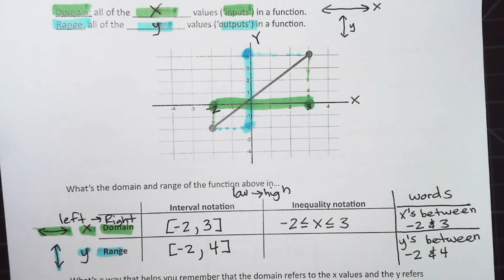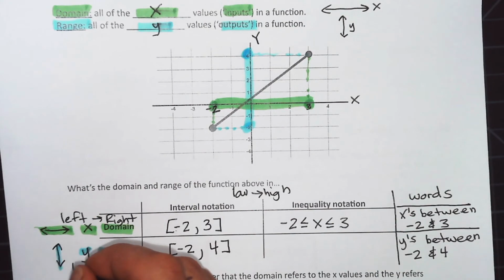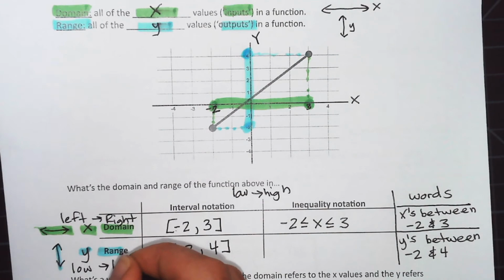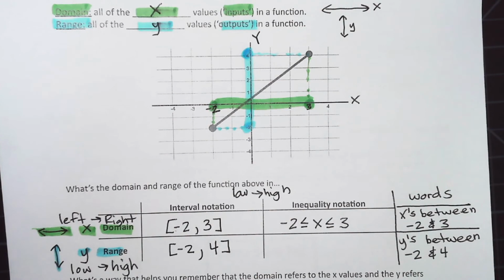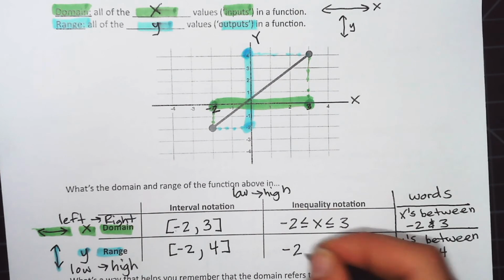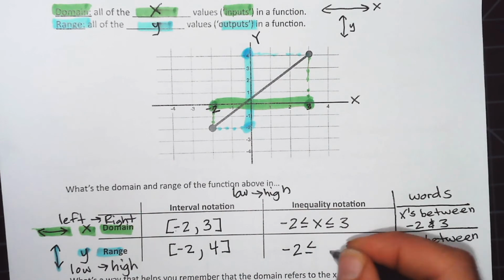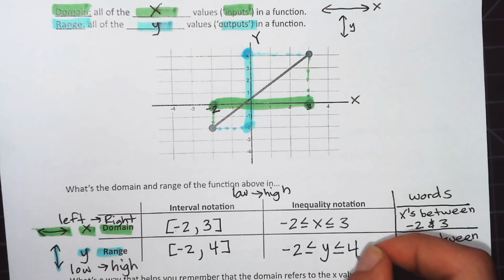For the domain and range, you're going low to high. And the way we would write this same between -2 and 4 in inequality notation is -2 is less than or equal to all of the y values, and all of the y values are less than or equal to 4.